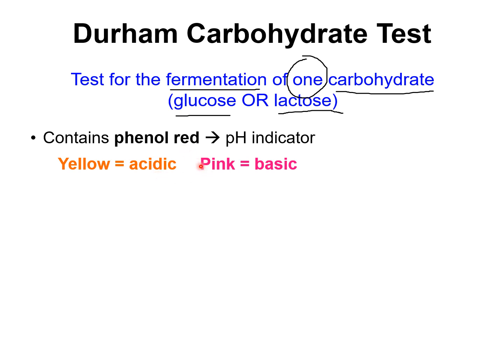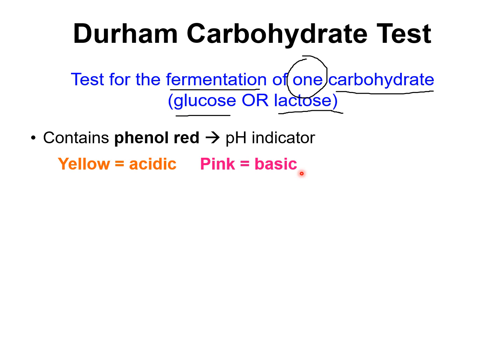If the phenol red turns pink, that would tell us that it's basic. If it's orange, that would tell us that it's neutral. And remember that image of the uninoculated tube that I showed you? It's that peachy orangish color. That's actually neutral. So we usually start with a neutral uninoculated tube, and then based on whether it stays orange, or turns yellow, or turns pink, we can determine what's happening.